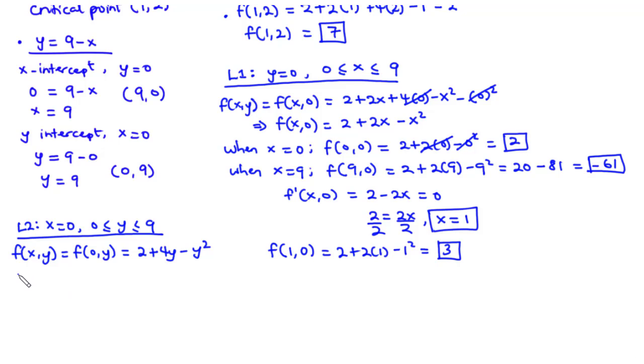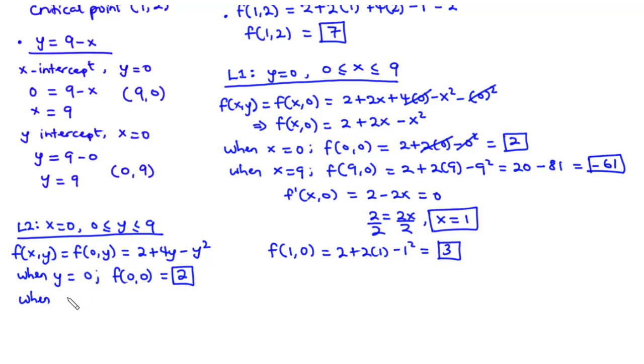Now when y is equal to 0, we have f(0, 0). We've already evaluated f(0, 0) here, and it is equal to 2. So we can simply write 2 here, or we can put the value of y in. If you put y equals 0 in here, this becomes 0, and that also becomes 0, and finally you have 2. So we don't waste time putting in y equals 0.